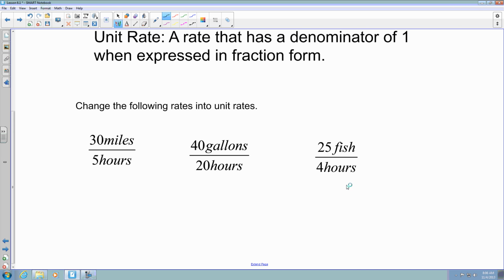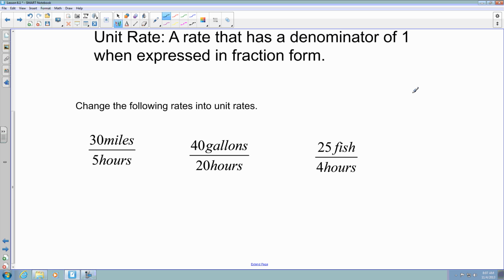If I look at these examples, they're asking to make the following into unit rates. So the definition tells us that we have to make the denominator a value of 1.